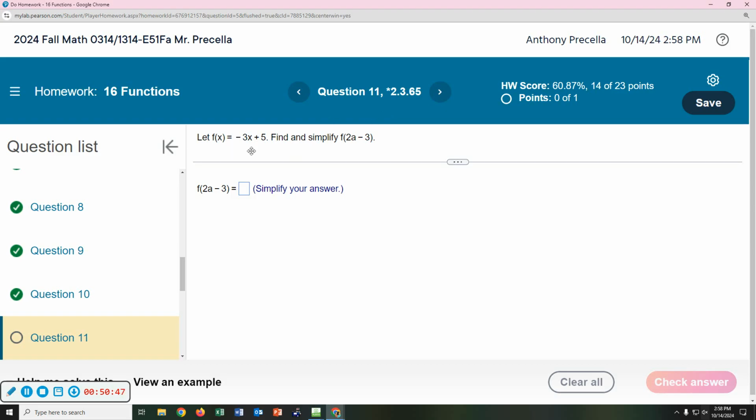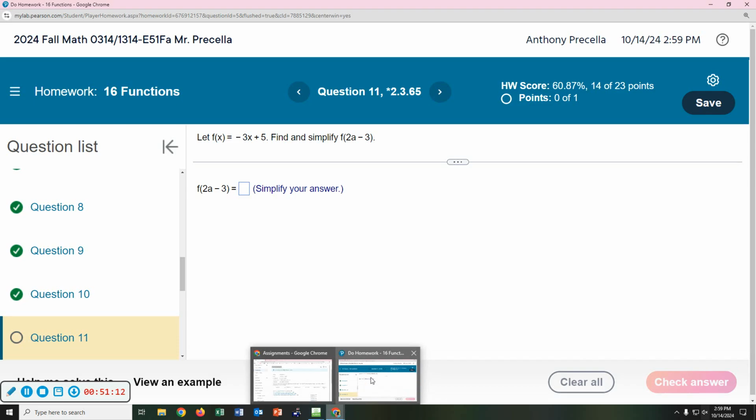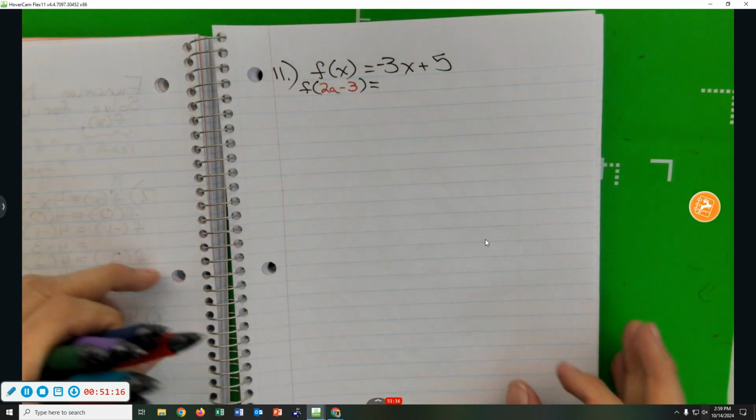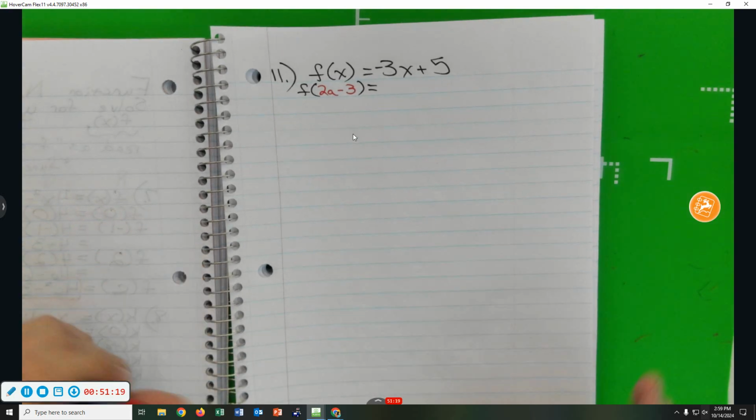Question 11. f of x equals negative 3x plus 5. Find and simplify f of 2a minus 3. Might not have been as easy as the one we just did, but it's not that bad. In words, what am I going to do?